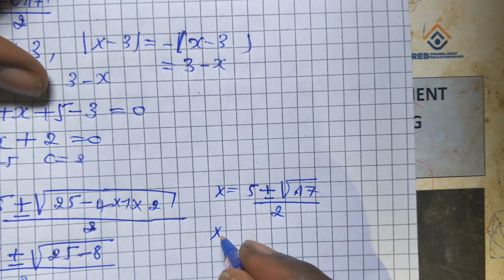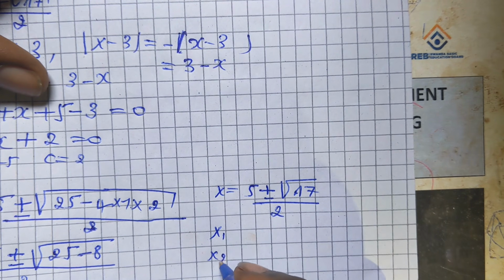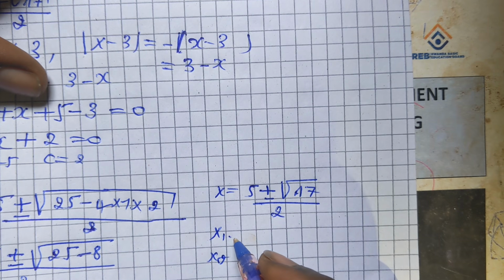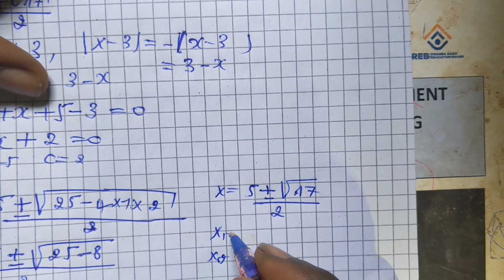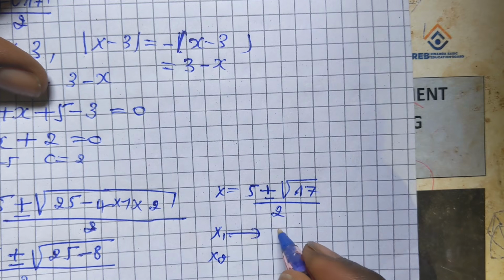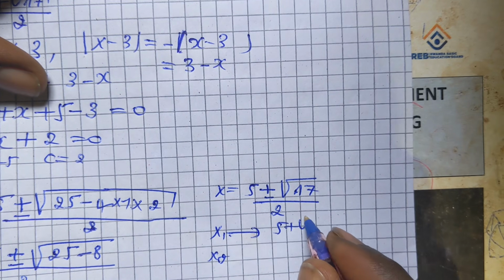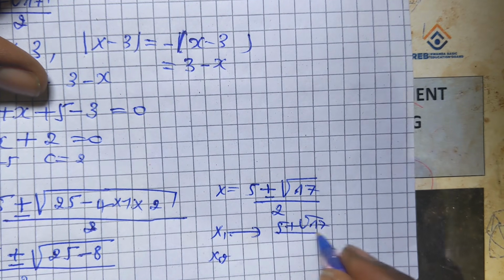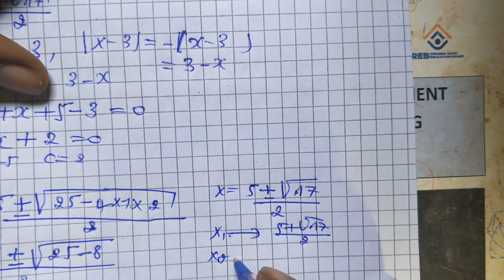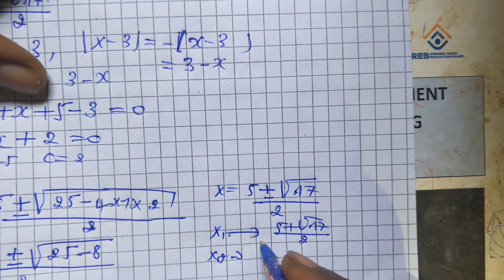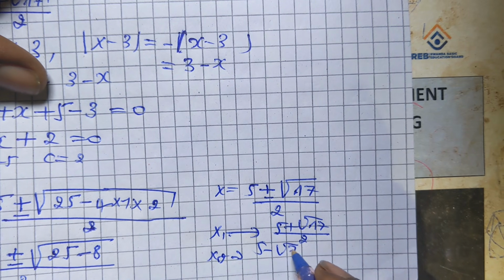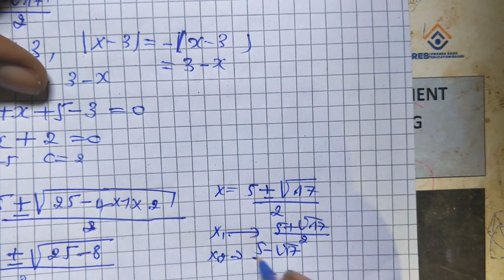So we'll be having two values, x1 and x2, which will give us x1 equal to 5 plus the square root of 17 over 2, and then x2 will be giving us 5 negative the square root of 17 divided by 2.